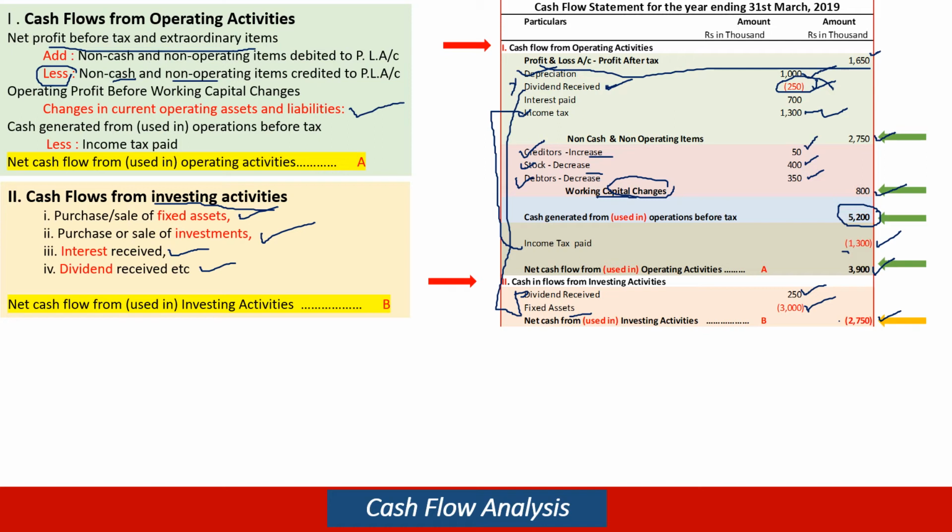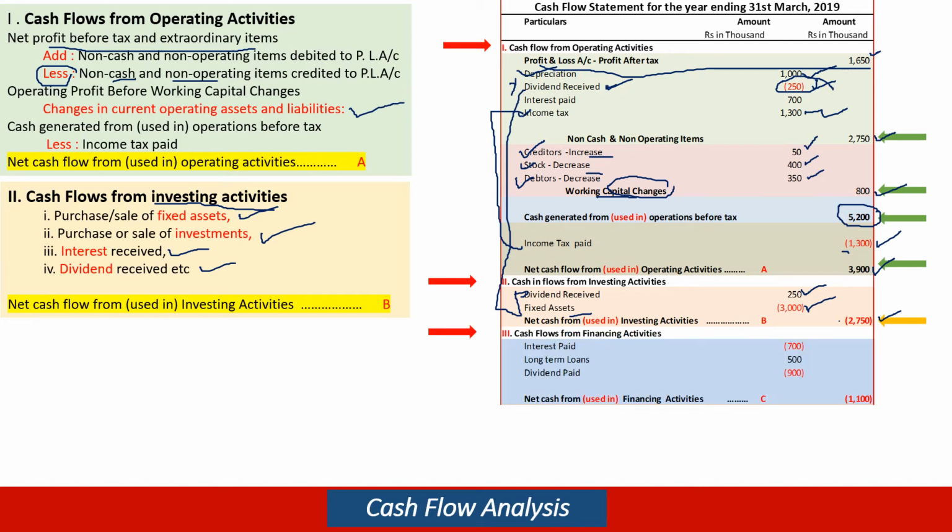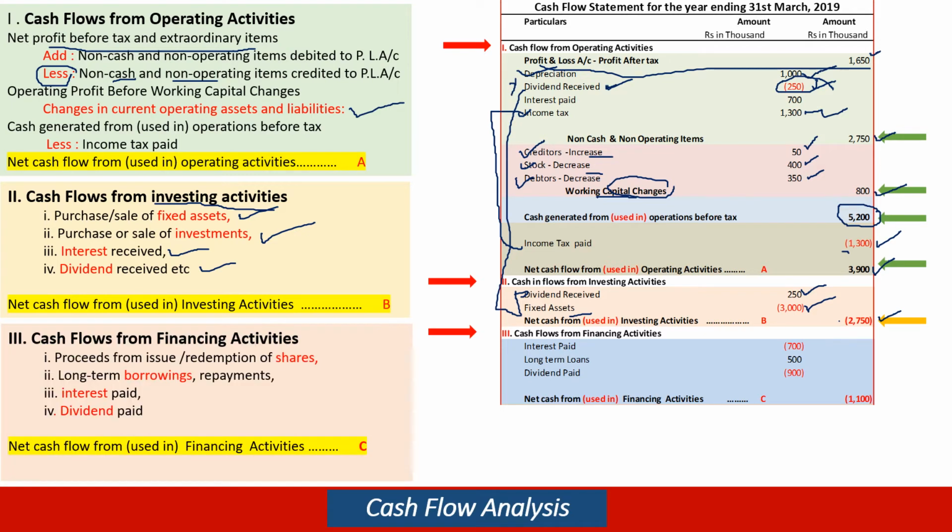Then comes the third one, cash flow from financing activities. What do we indicate there in financing activities? It talks of debt and equity. It may be shares or debentures or borrowings. And on equity, we always pay dividend. And on debt, we pay interest.